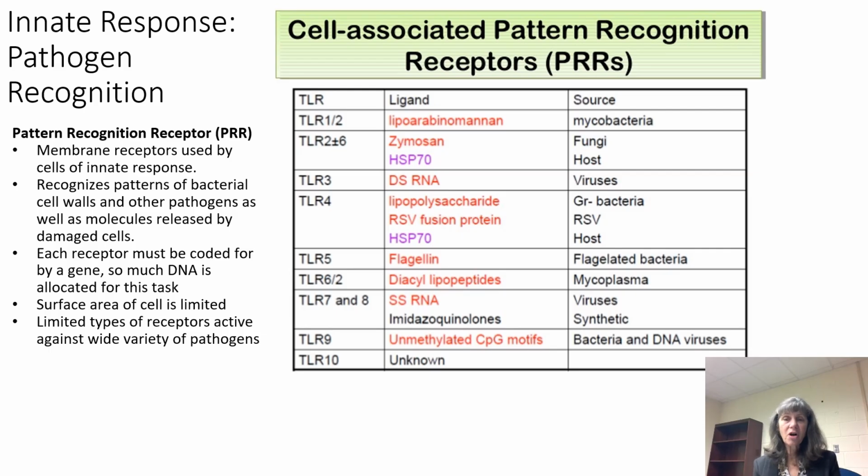The chart also shows the source on the far right side, so it might be a mycobacteria or fungi or virus. And please, this is not a chart that you would need to memorize, it's just a demonstration.